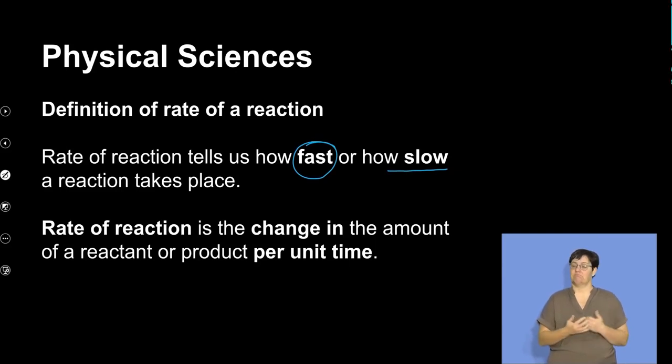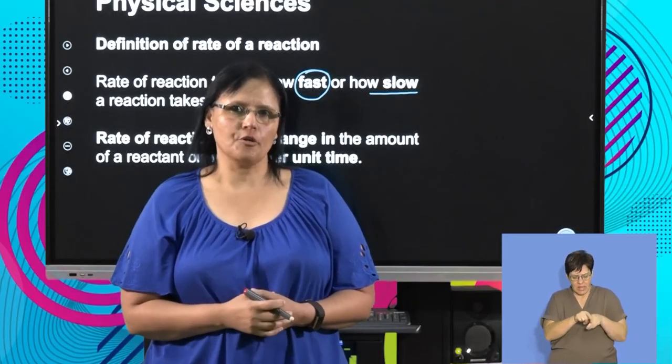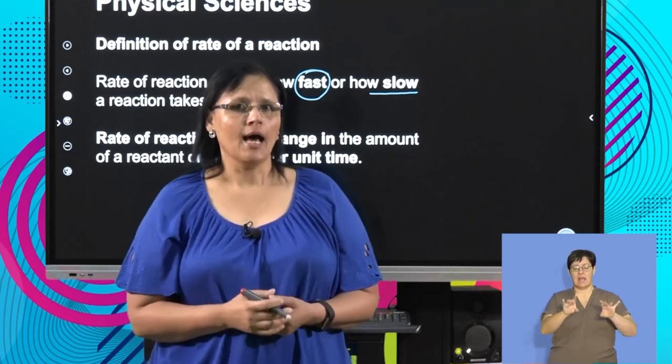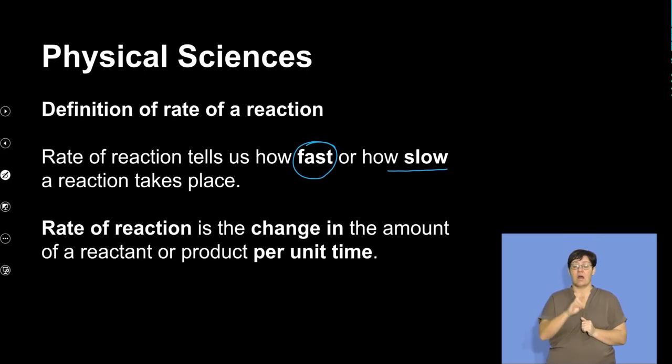In the guidelines document, there's a definition that you must study for your exam. That definition says that the rate of a reaction is the change in the amount of your reactant or product.